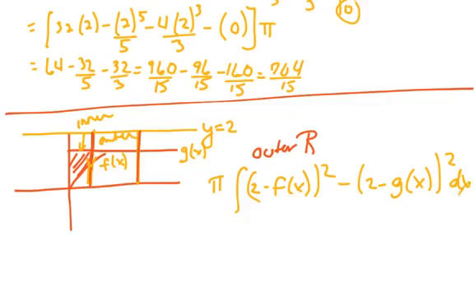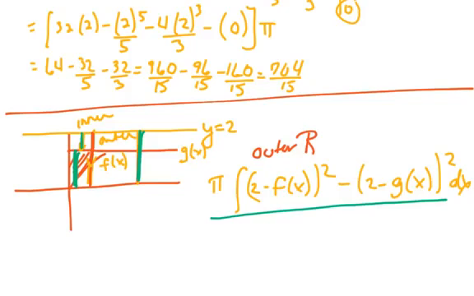This distance again is 2, and the distance to g of x is here, and this distance minus this distance is going to give us this inner radius. So that's the setup for a situation where the axis of revolution is above the area that you're used to seeing.